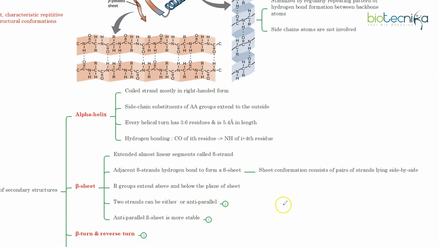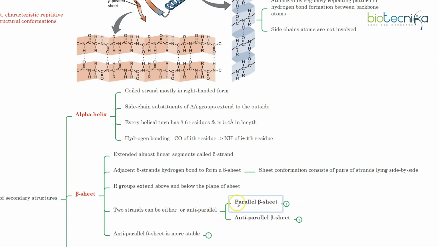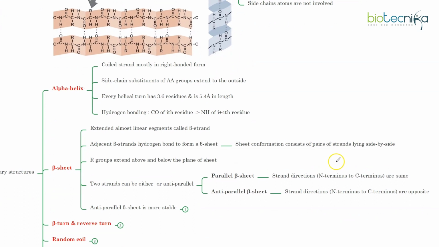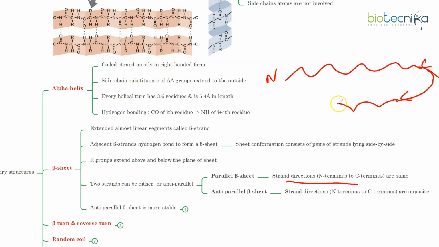Okay, so it's about what directions the strands are going. Now what is a parallel beta sheet? The strand directions, N to C terminus, are the same. Anti-parallel is where the strand directions, N to C terminal, are opposite. So what is N to C terminal? If one strand goes from N terminal to C terminal, it then takes a 180-degree turn, and the strand continues, but the direction is now reversed.